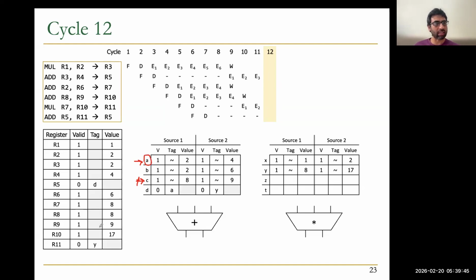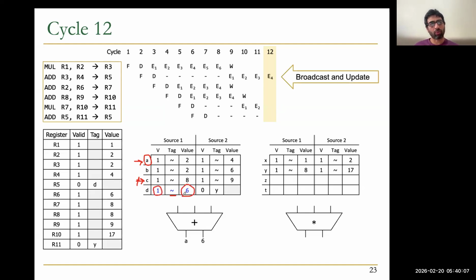So what we will see is, do we have any matching tag here? Yes, we have a matching tag here, right? So what we will do is we will only update in the reservation station. So here now we update it as 1 and we put the value 6.